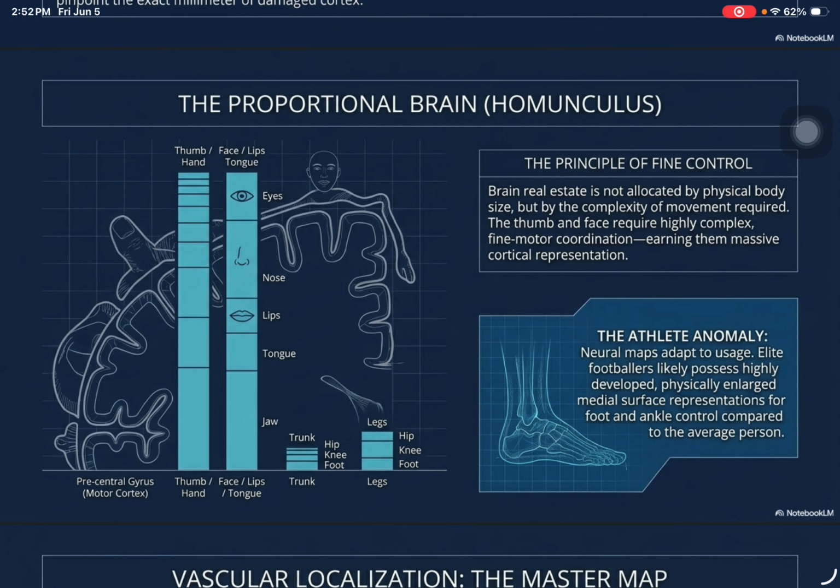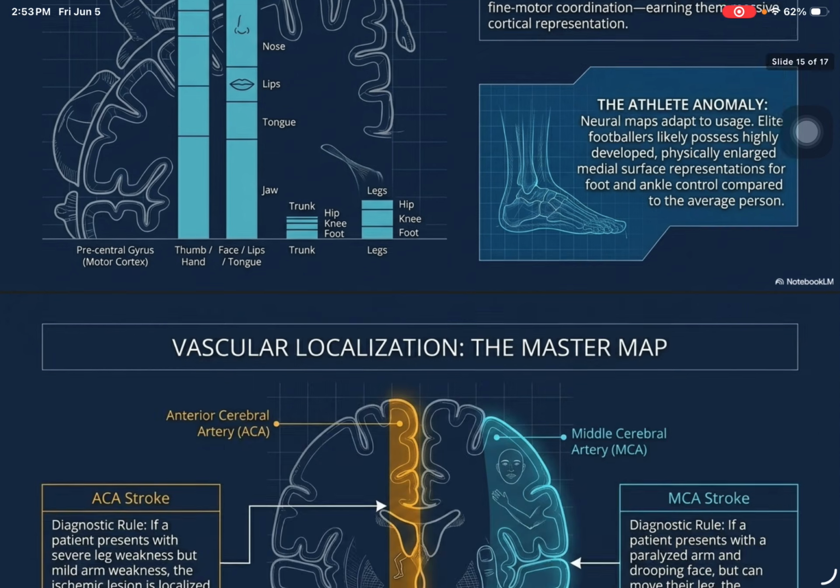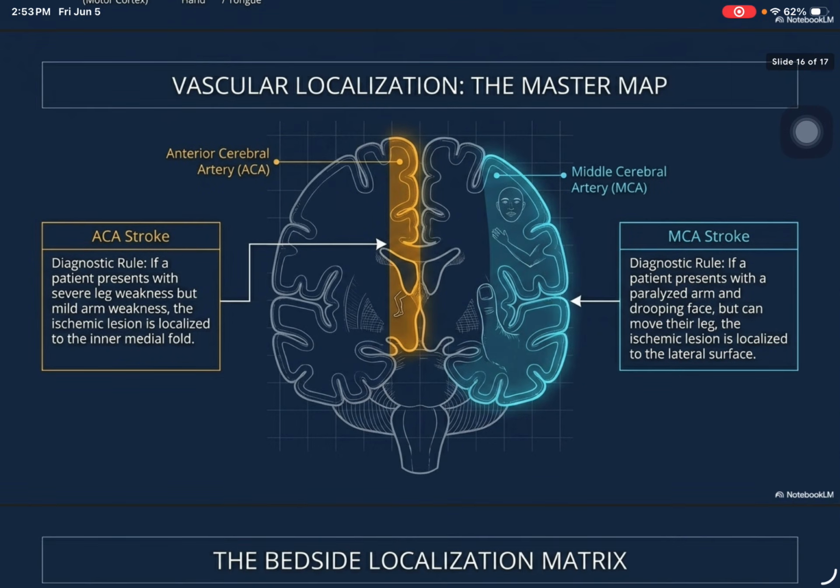There is a medial part and a lateral part. The medial part of the motor cortex is supplied by the anterior cerebral artery, which is responsible for leg weakness and other mild arm weakness.